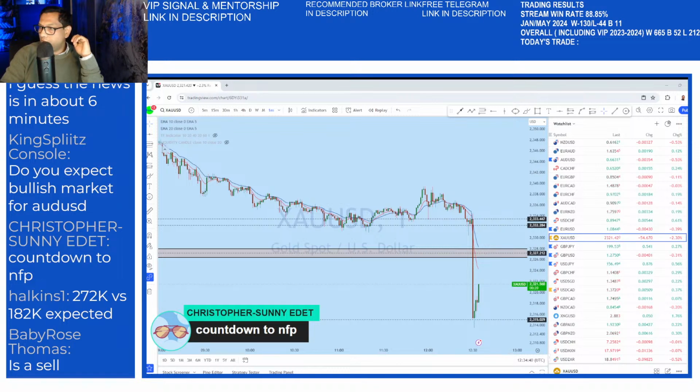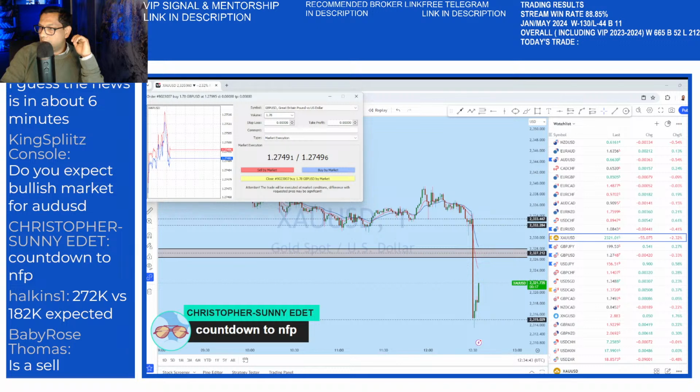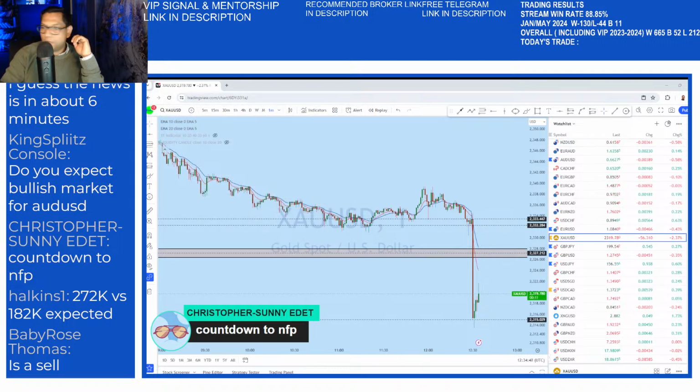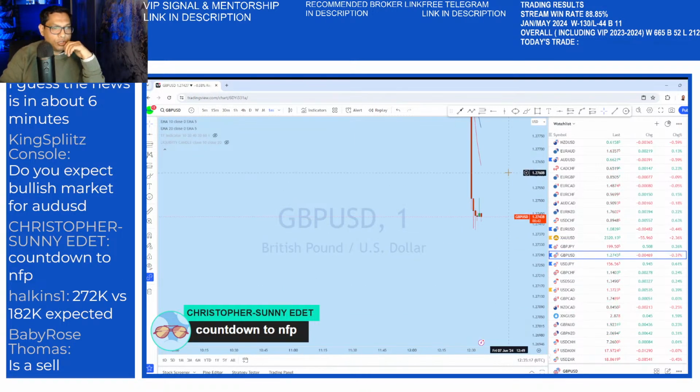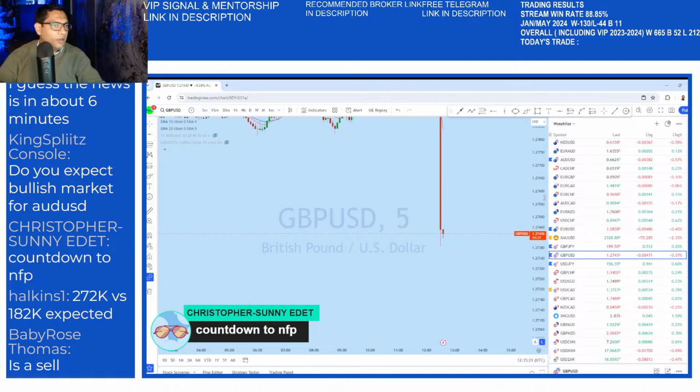To close some of the trade here. Looking for the potential zone for potential entry.